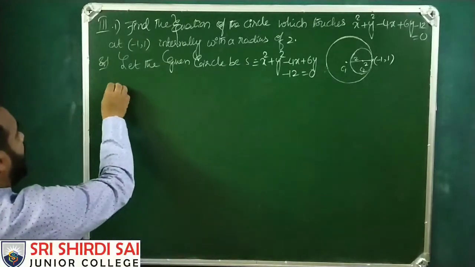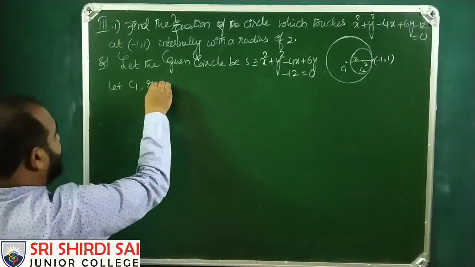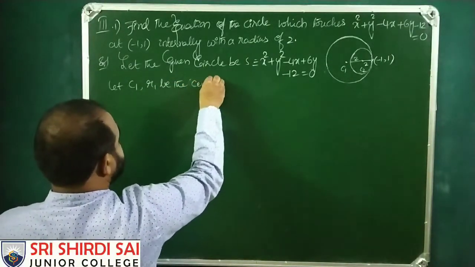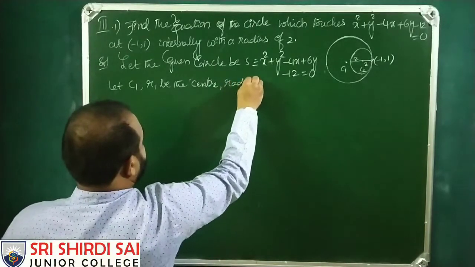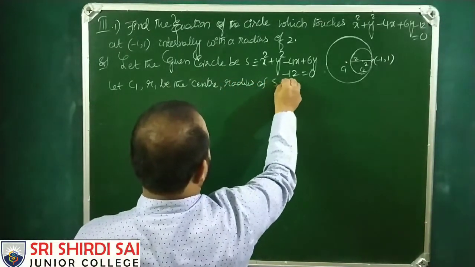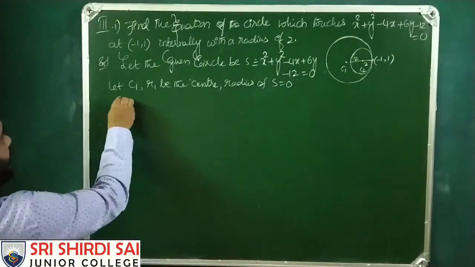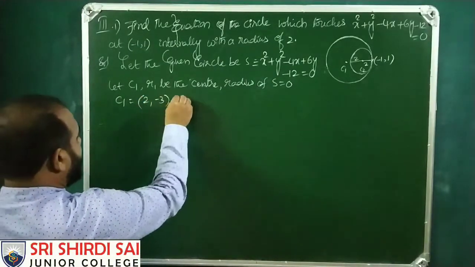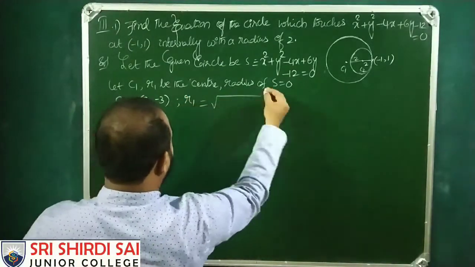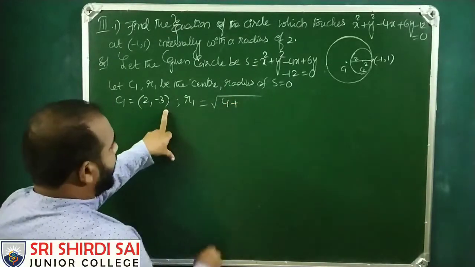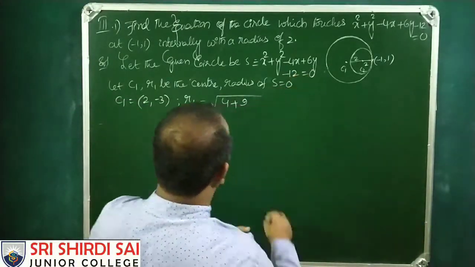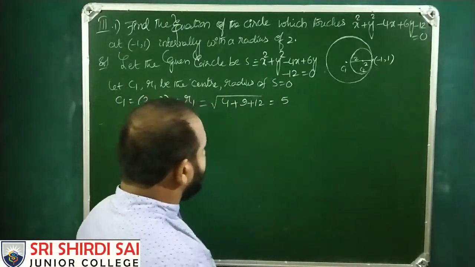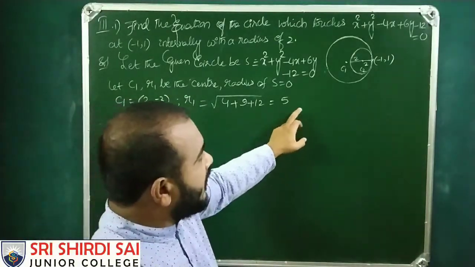Let C1 be the center and R1 the radius of the given circle S equals to 0. So what is C1? C1 is (2, -3), and R1 is equals to square root of g square, 2 square 4, plus f square, 3 square 9, minus c, minus of minus 12. So this is equals to root 25, which is 5. So R1 equals 5 is the radius of the big circle.